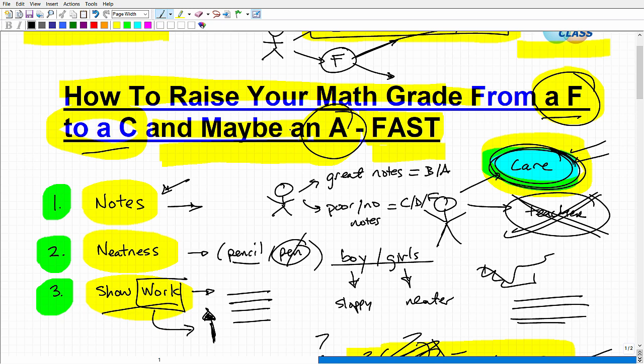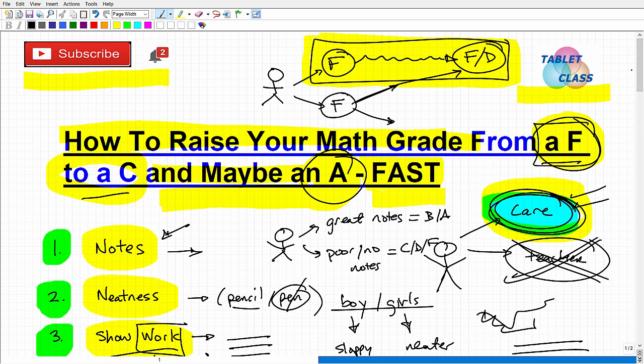Yeah, anything's possible. Okay, I've seen it. I've seen students who have been struggling and failing, and they end up with like an A minus. Crazy stuff.